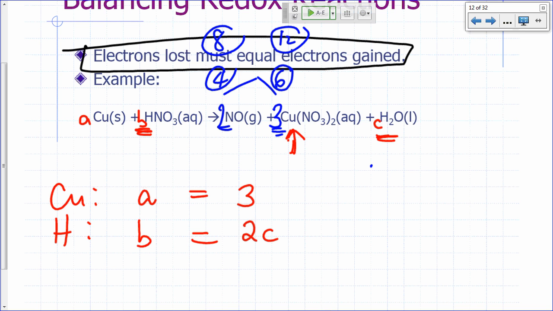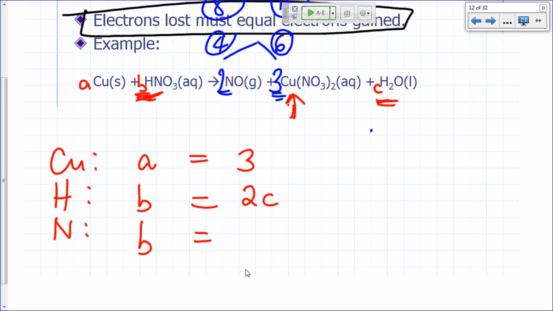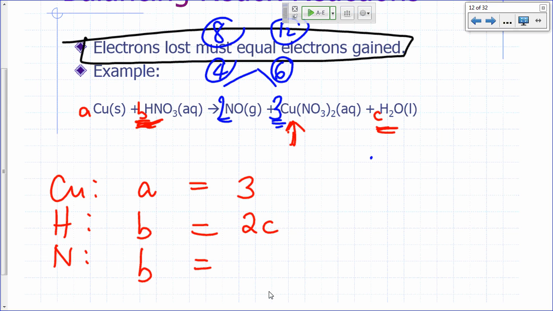Right? How about nitrogen? How many nitrogens do I have on the left? B, right? How many nitrogens do I have on the right? There's 2 times 1 there, plus 3 times 2, that's 6, right?